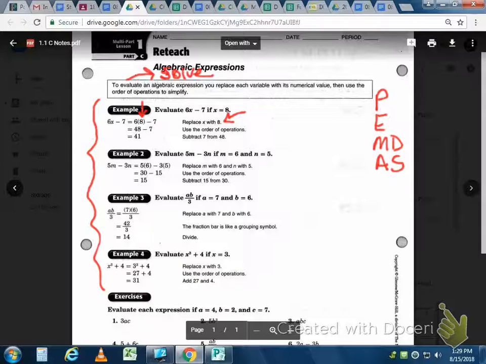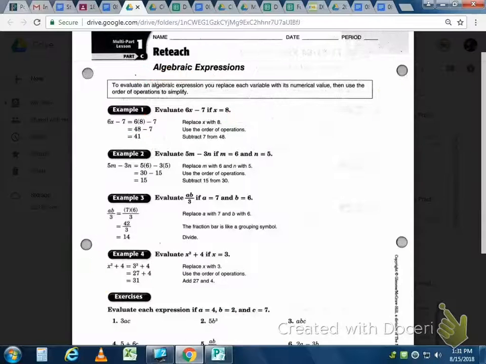So 6 times 8 minus 7. Use order of operations, so you would multiply. 6 times 8 is 48. Minus 7 is 41. That is the general steps for every one of these. You substitute in or replace the value for the variable, follow order of operations, and solve. Make sure you show every step along the way.